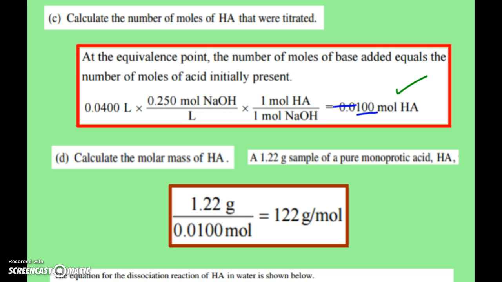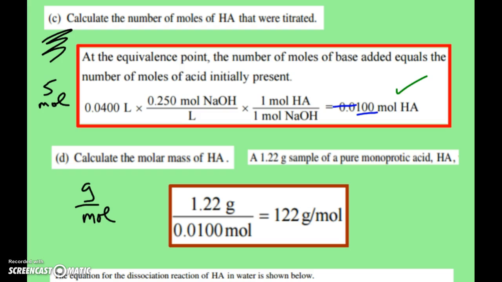Now again, if you were lost, flustered, whatever, and you could not find the moles of acid, but you know molar mass is grams per mole, just go back and make a number up for part C. Put 5 moles, or 1 mole, or 0.5, whatever. Just make up a reasonable number. Don't put a billion or a million or a crazy number.